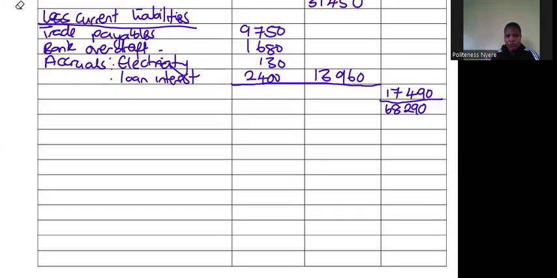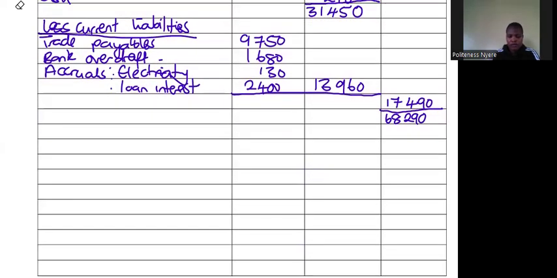So that is what we have so far. This figure here is our working capital.